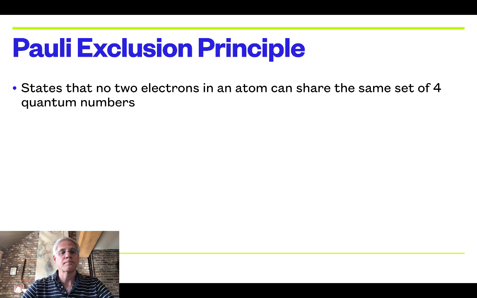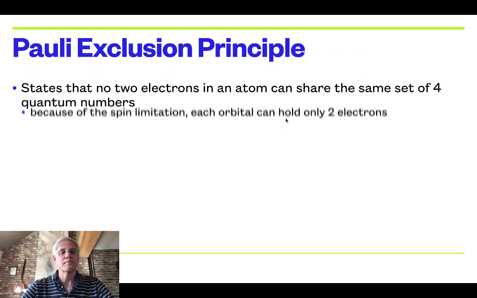In that same sense, electrons have a unique set of quantum numbers, that set of 4 quantum numbers, n, l, m sub l, and m sub s.